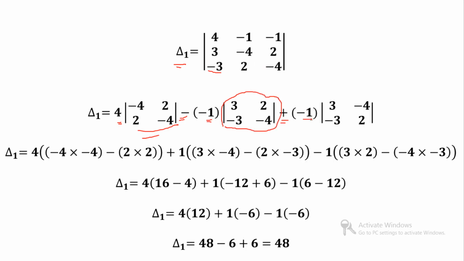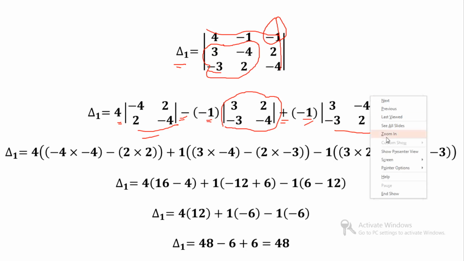Plus sign of formula, this is the minus 1. So we will consider the minus 1 coefficient, cancel out its row and column. So the remaining 2 by 2 determinant in multiplication form is 3, minus 4, minus 3, 2. Again further simplify this.